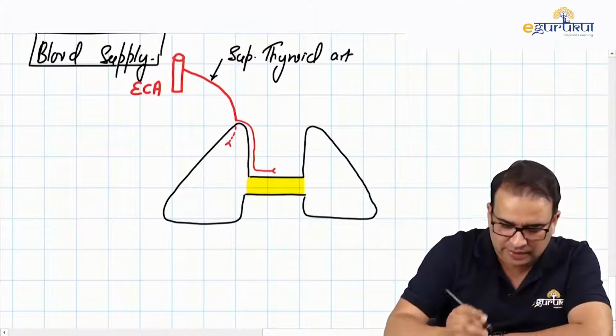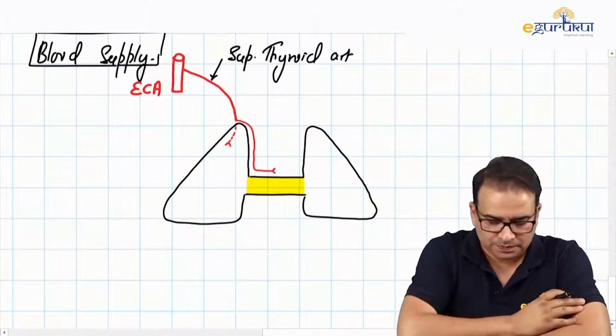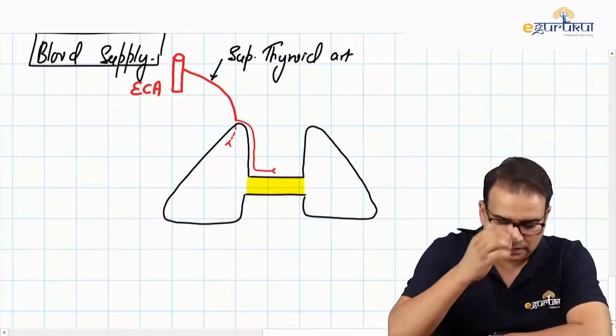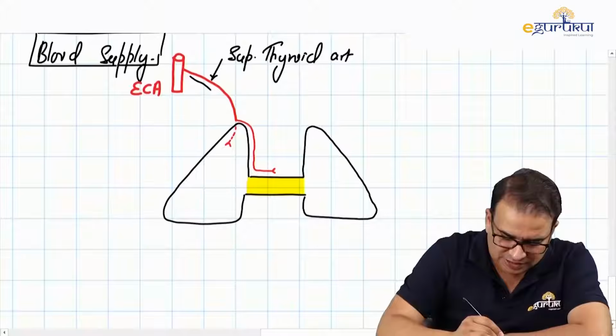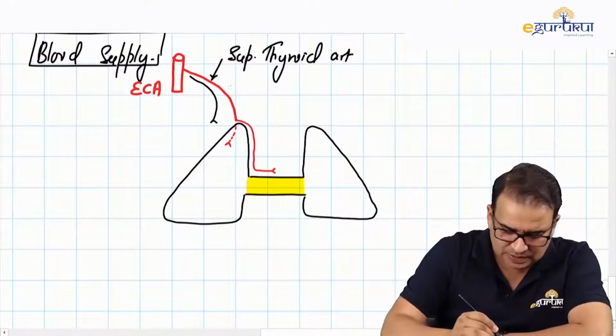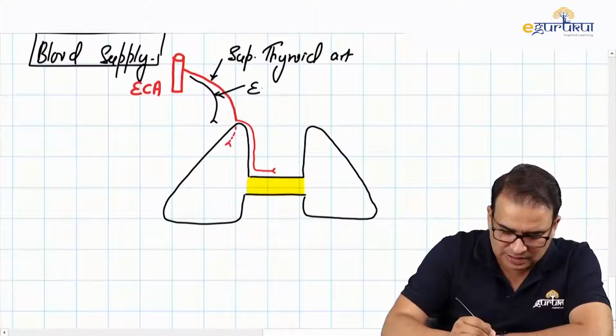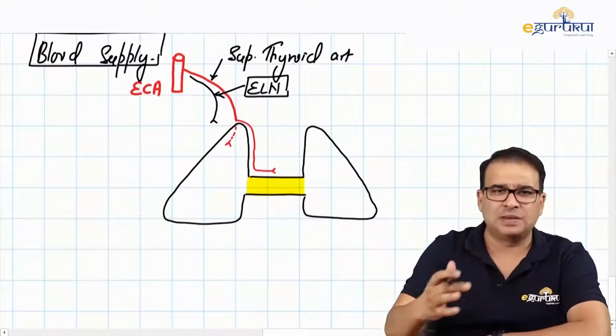In its upper part, the superior thyroid artery is closely related to the external laryngeal nerve, which then separates. So the nerve that you see in close relation to this artery is the external laryngeal nerve, but then the external laryngeal nerve will separate from it.